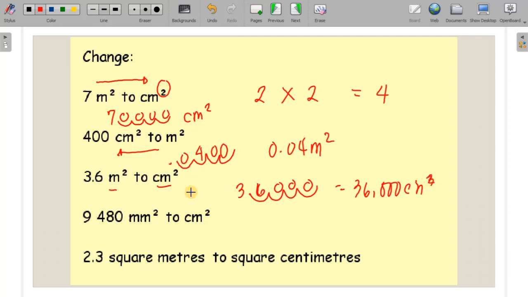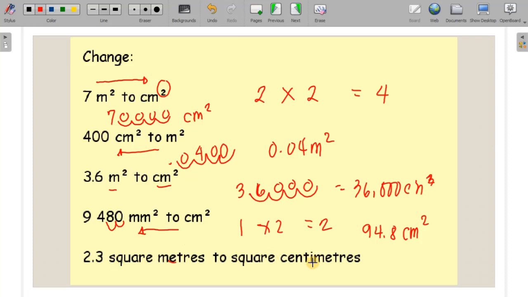centimeters squared. And mm to cm, that is going to the left 1 step times 2, so 2 steps to the left, 1, 2, so 94.8 centimeters squared.